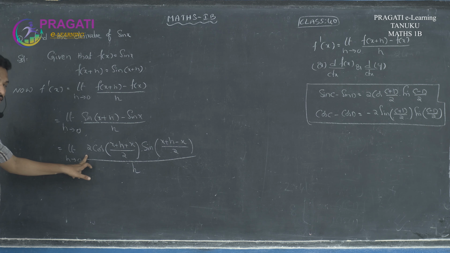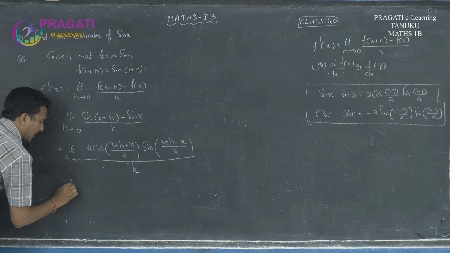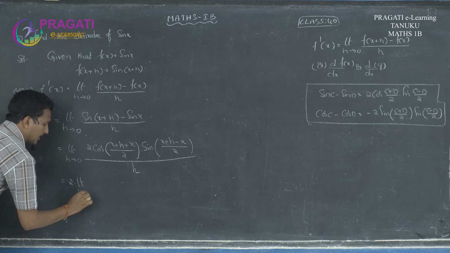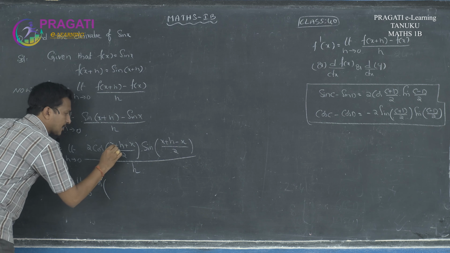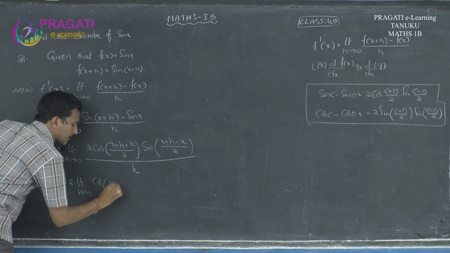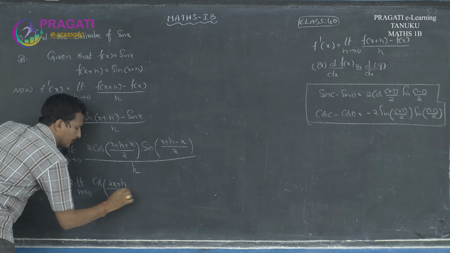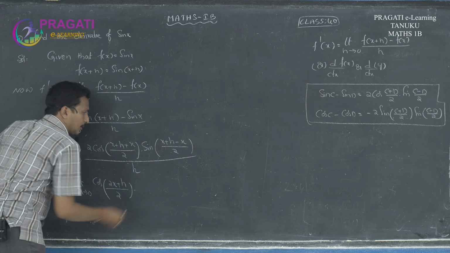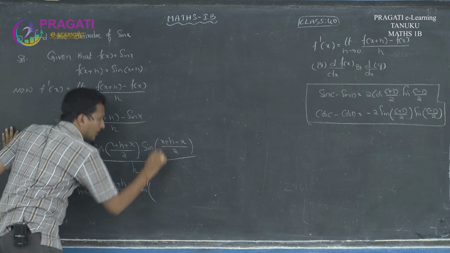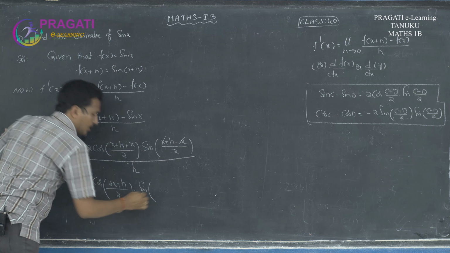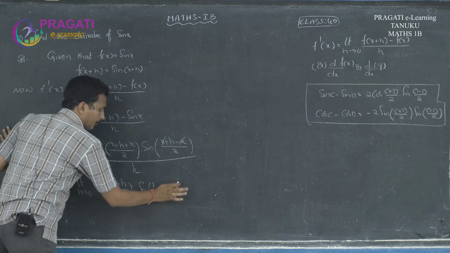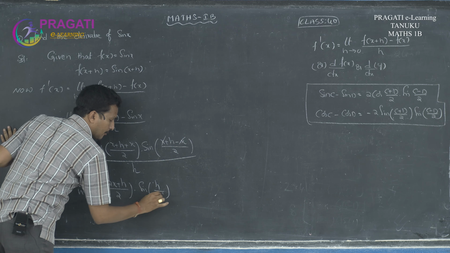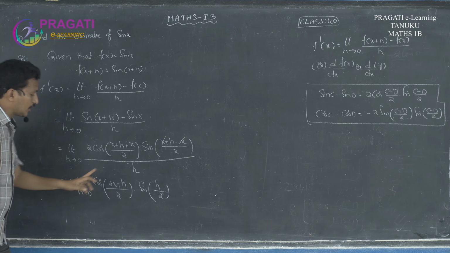Here 2 is constant, so write in front 2 into limit h tends to 0, cos of x plus x, 2x plus h by 2. And what is the term remaining? Sin of x minus x cancel. What is the remaining term? h by 2. And the denominator is h.